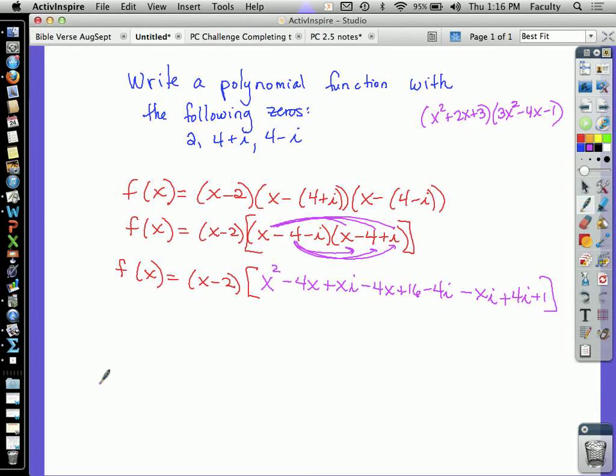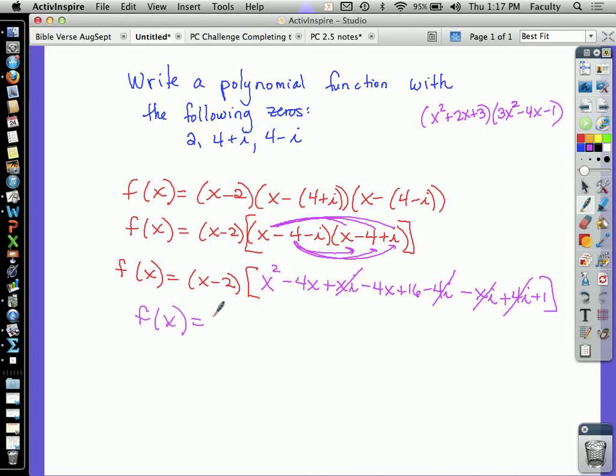The good news is, whenever you take your factors of complex conjugates, okay, your complex conjugate zeros, guess what's going to happen every single time? All the i's cancel. So my xi cancels, my 4i cancels.